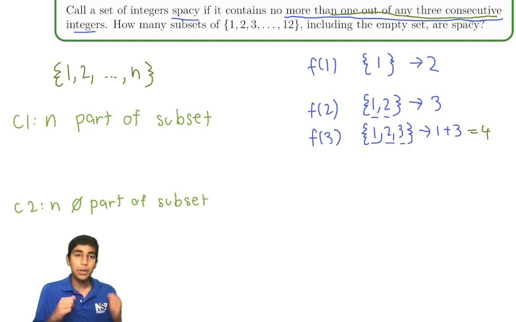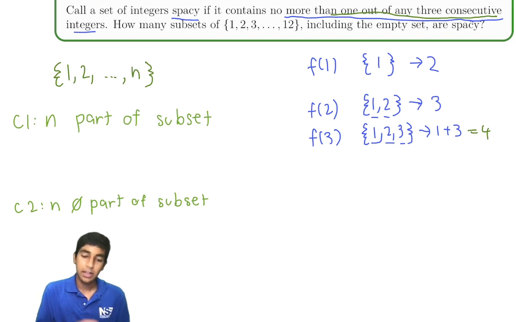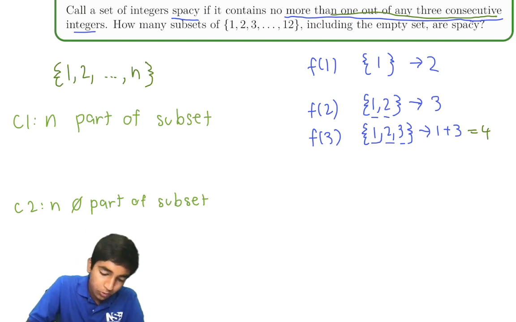Okay, how many ways if n is not part of the subset? Let's start with case 2 first. Well, if n is not part of the subset, then anything from 1 to n minus 1 will work.